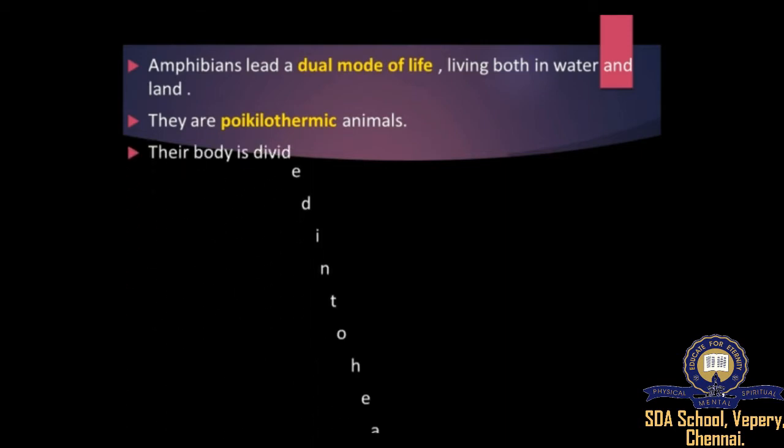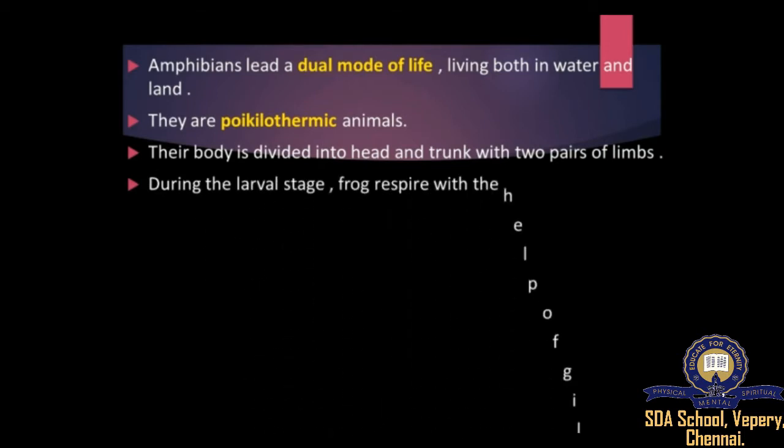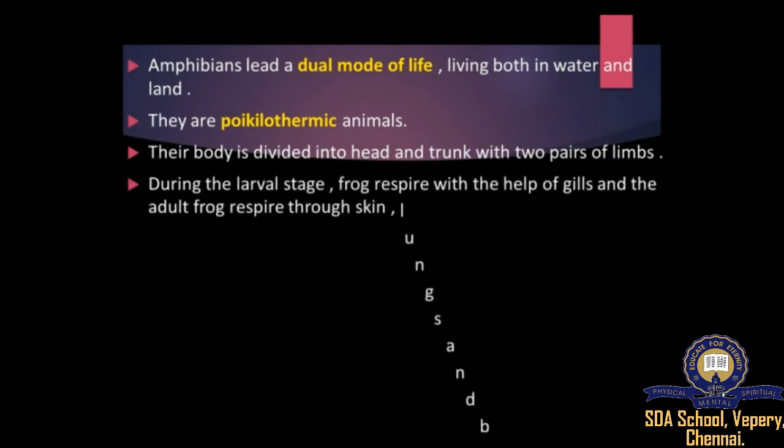The body of a frog is divided into head and trunk with two pairs of limbs. During the larval stage, the frog respires with the help of gills, and the adult frog respires through skin, lungs and the buccopharyngeal region. What is the buccopharyngeal region? It serves as a respiratory surface in a wide variety of amphibians and reptiles.